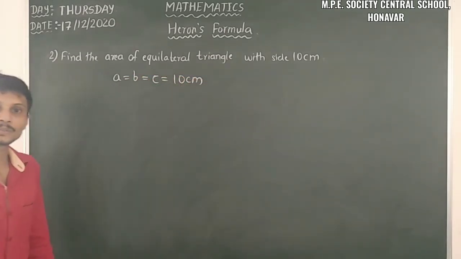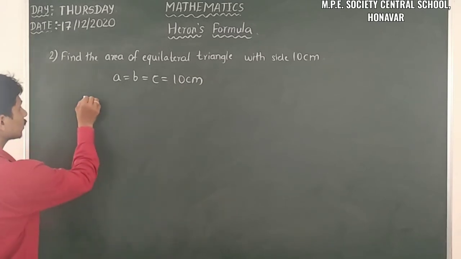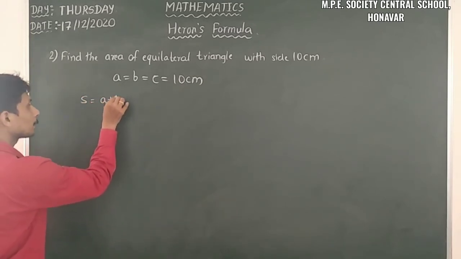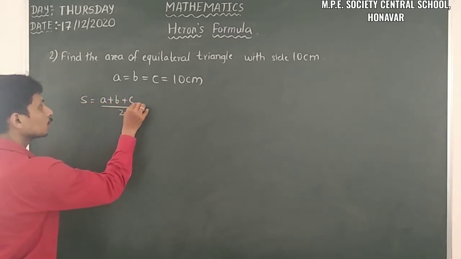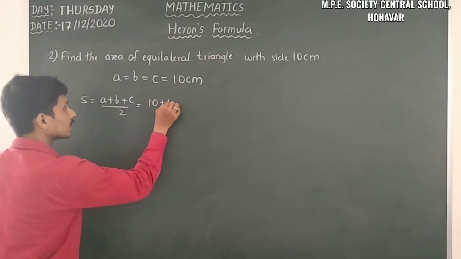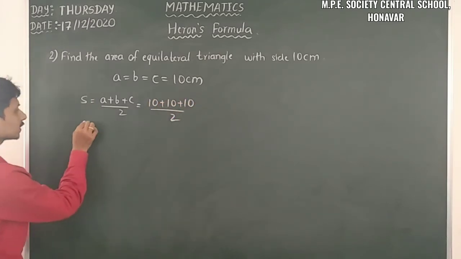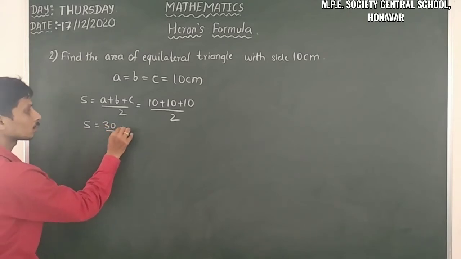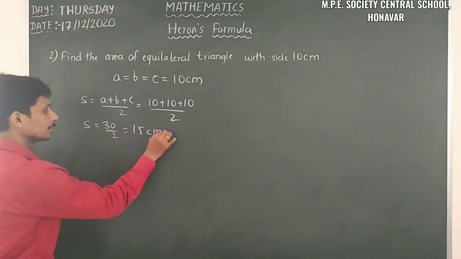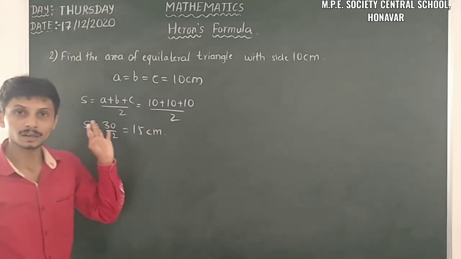Then we have to find the value of s. s is equal to (a + b + c) divided by 2, which is (10 + 10 + 10) divided by 2. The value of s is 30 by 2, which is 15 centimeter.